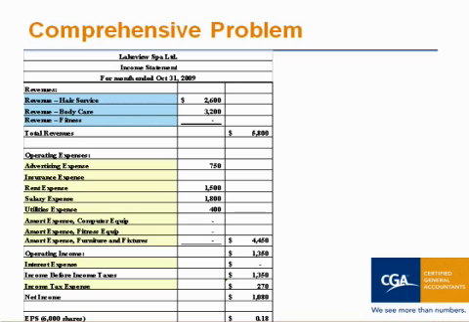We're just putting in the amounts in the first column and summarizing the total in the second column. For operating expenses, we have advertising, rent, salary, and utilities expenses, $750, $1,500, $1,800, and $400. And all of these amounts are being carried over from our unadjusted trial balance.